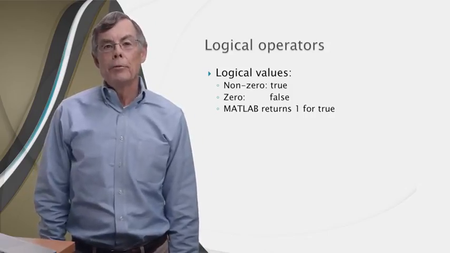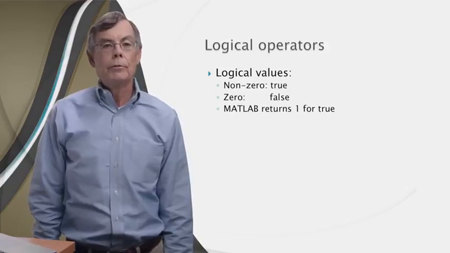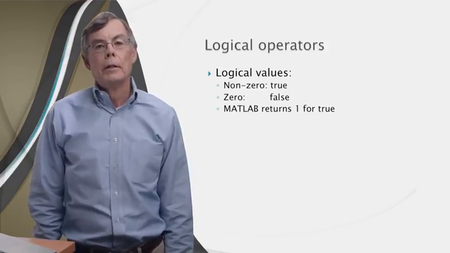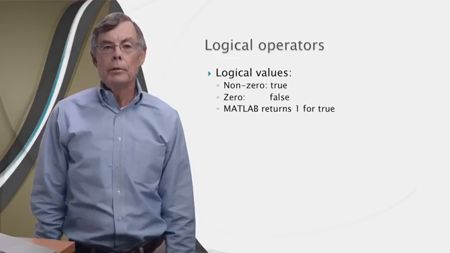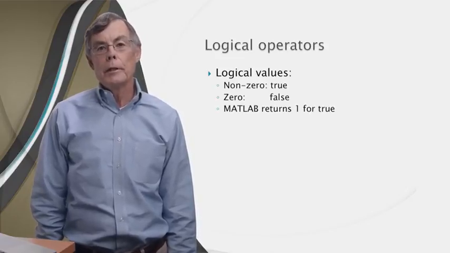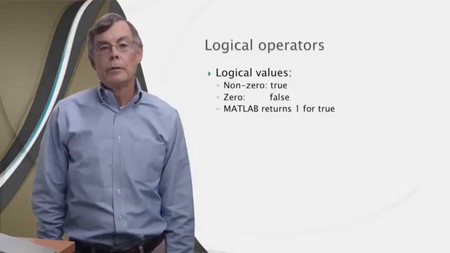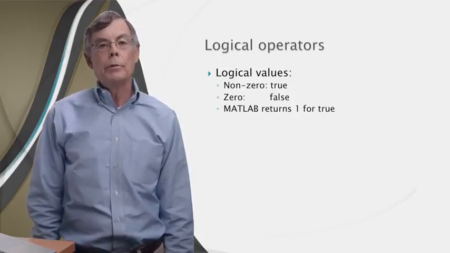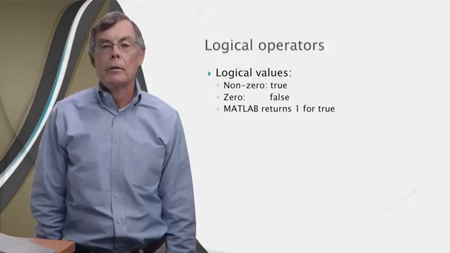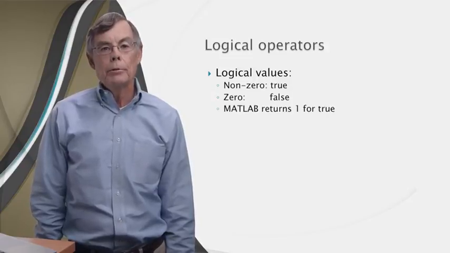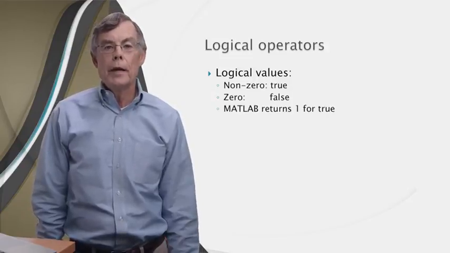Let's recap the subject of logical values because it's a really important concept. If MATLAB is asked to consider a non-zero input as logical, it will interpret it as true. If MATLAB is asked to consider the input 0 as logical, it will interpret that as false. And when MATLAB outputs a logical false, it outputs the value 0.